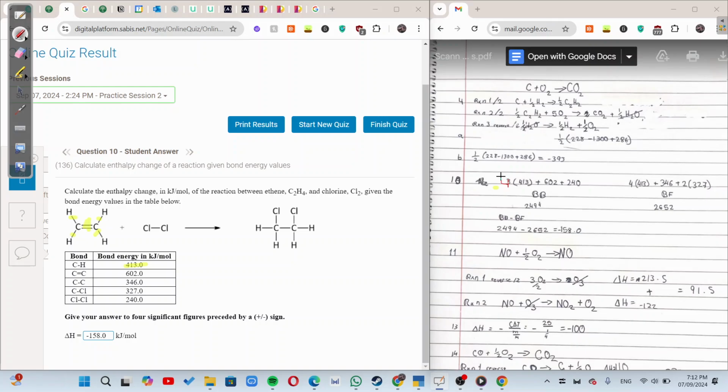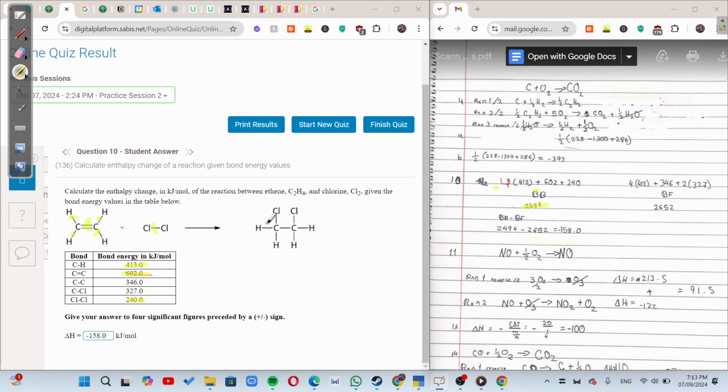Sorry guys. Anyways, 4 times 413 plus 602, which is the C=C, and you need this bond, which is ClCl, 240. When you add them all together, you get 2,494, which is your bonds broken.